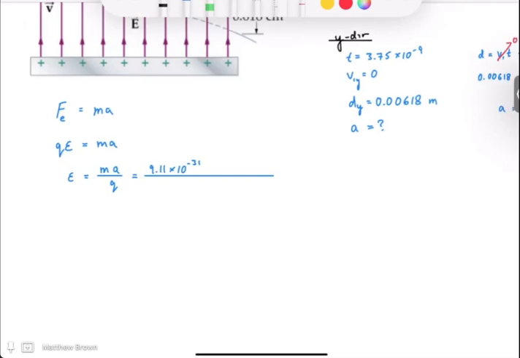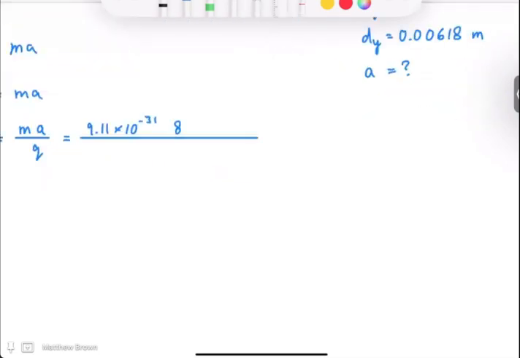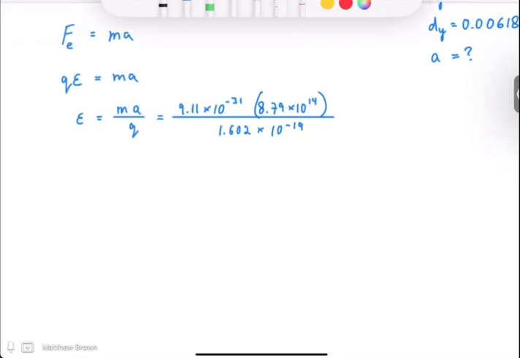The acceleration I just found, 8.79 times 10 to the 14. And the charge on an electron, 1.602, or just 1.6 if you want, times 10 to the negative 19. Which means the electric field here is 5.00 times 10 to the 3 newtons per coulomb. Just putting the numbers into a calculator.